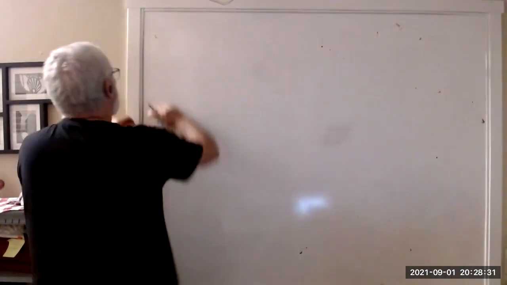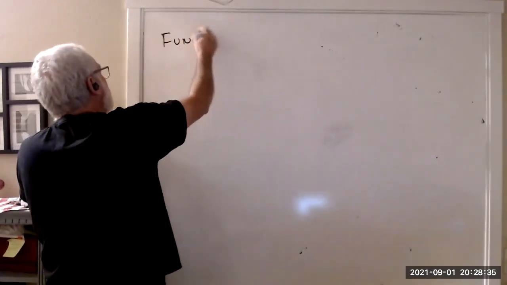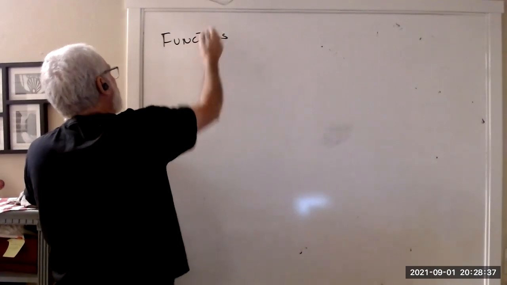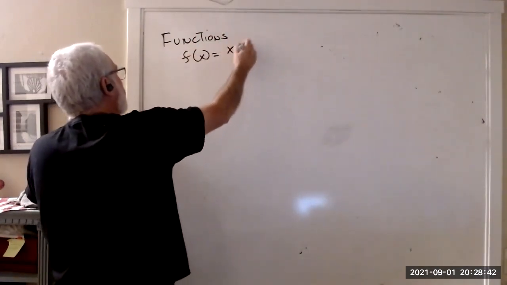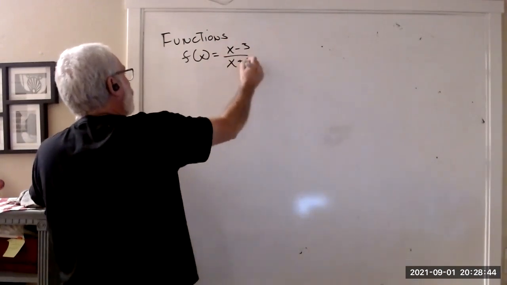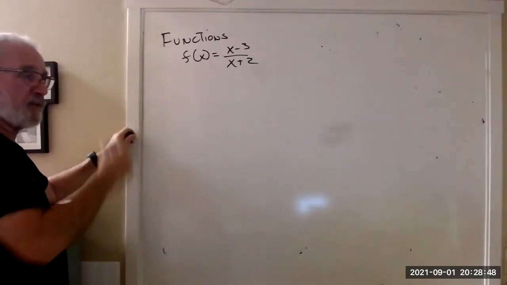And it's got to do with, remember I started talking about functions the other day? We had things like f of x equals (x minus 3) over (x plus 2). We had these functions, f of x equals this math rule.